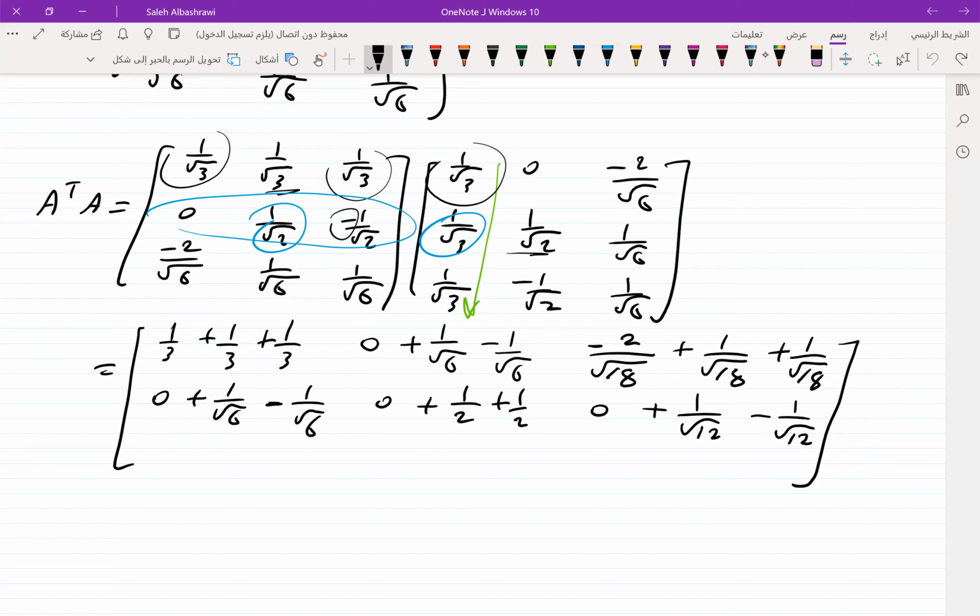Multiply the third row by the first column. I will have minus 2 over square root of 18 plus 1 over square root of 18 plus 1 over square root of 18. For the second column, it will be 0 plus 1 over square root of 12 minus 1 over square root of 12.